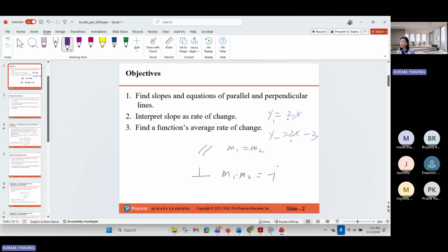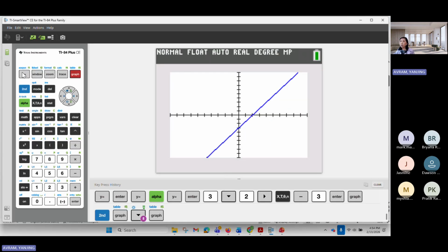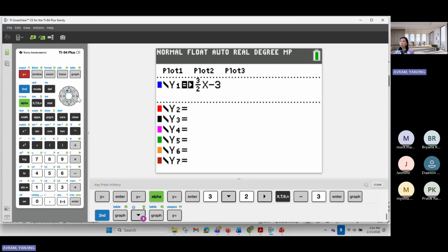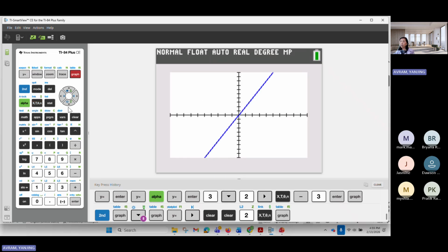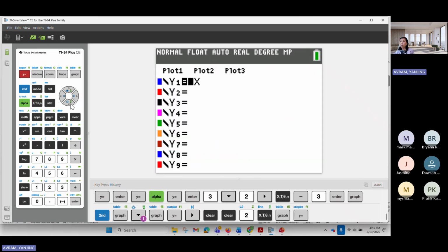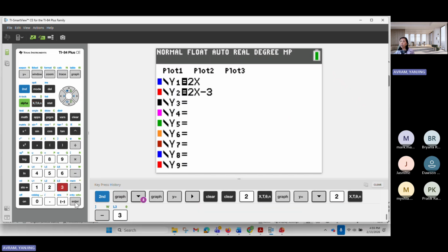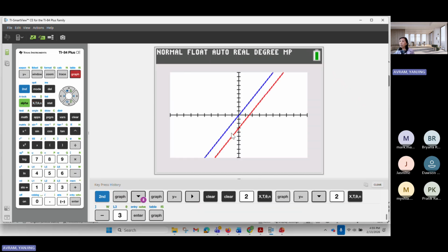We graphed this one earlier. We have 2x, and you can either plus or minus 3, it doesn't matter, they are all parallel. You can see these two lines never intersect each other, so they are parallel.